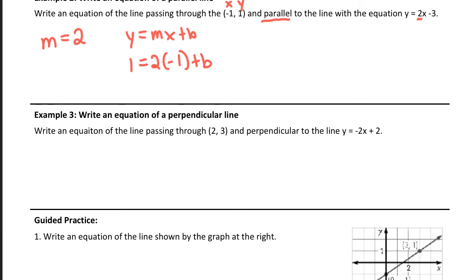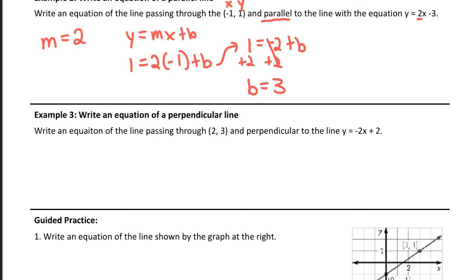So to solve this, I'm just going to bring this over here. This is 1 equals -2 plus b. I add 2 to both sides. 2's cancel. My b value, my y-intercept, is 3. So essentially you're substituting in known values to find that y-intercept. Just like the last equation.